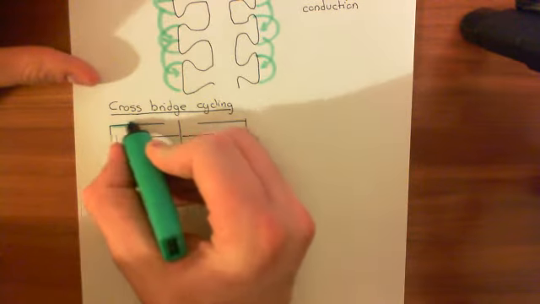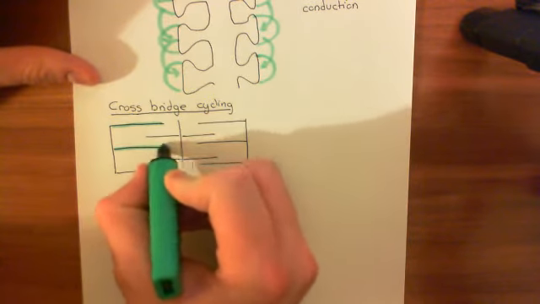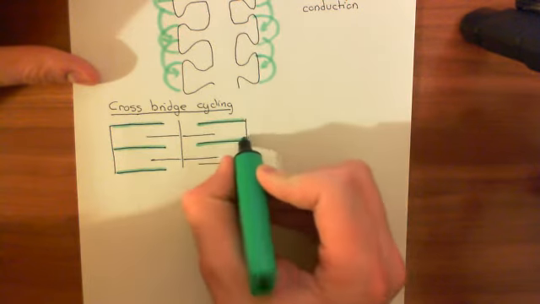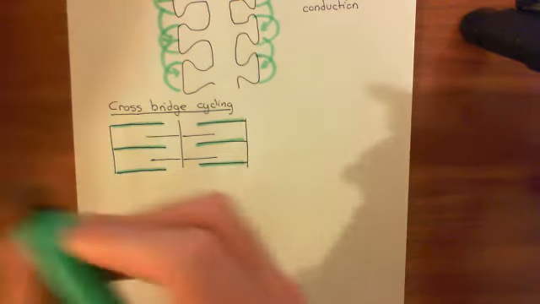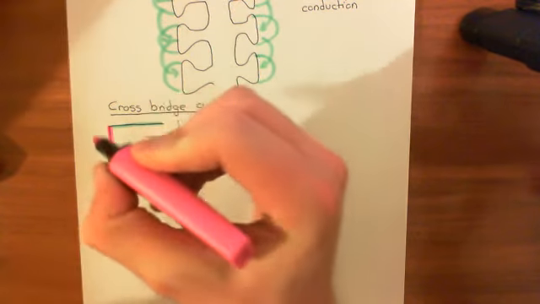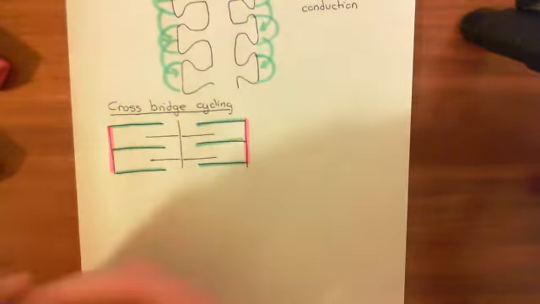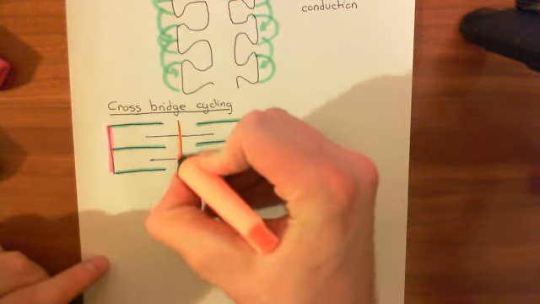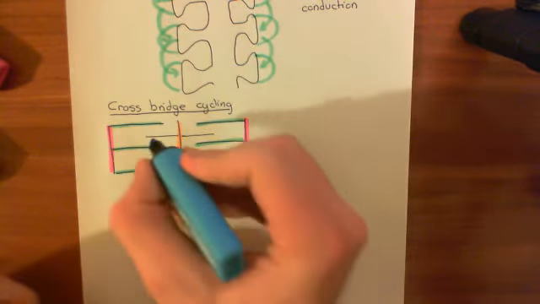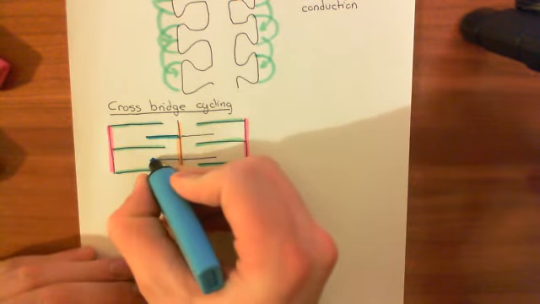In green, these are the actin filaments again, attached to their Z discs, which we drew in purple. Then in orange, here is the M disc down the middle, and off the M disc come the myosin filaments in blue.